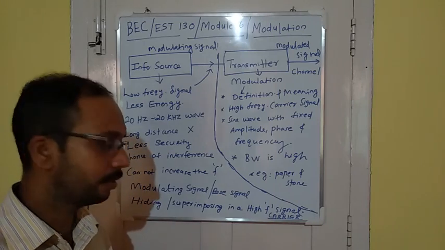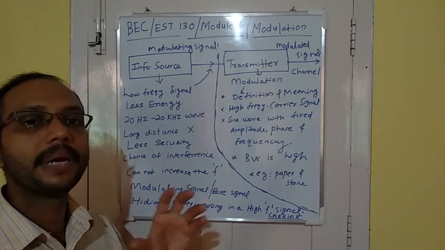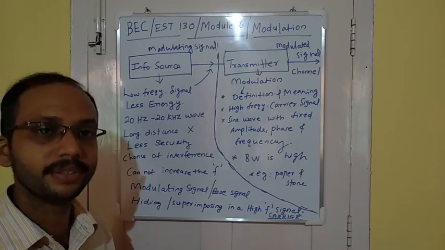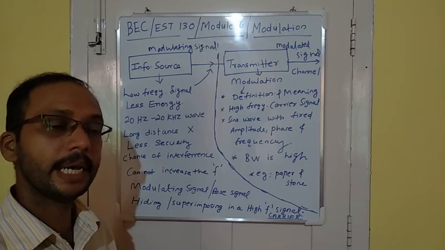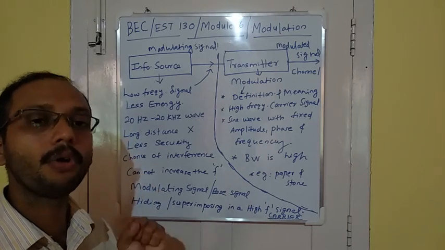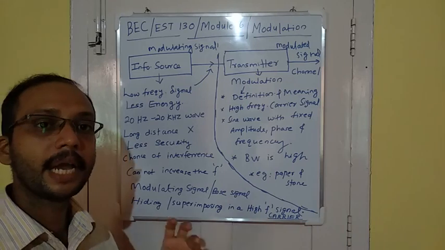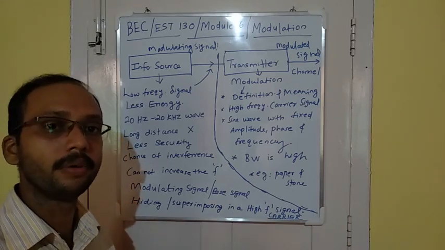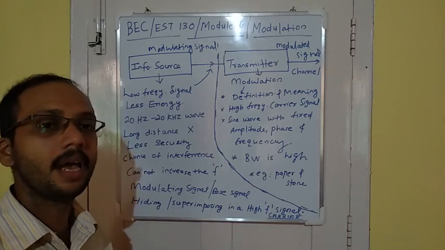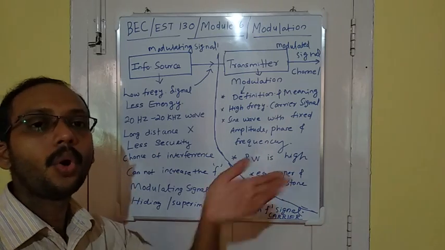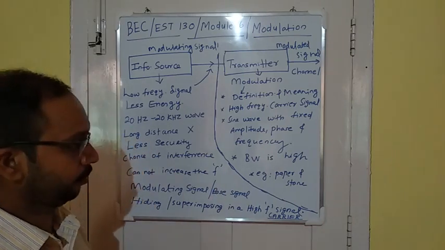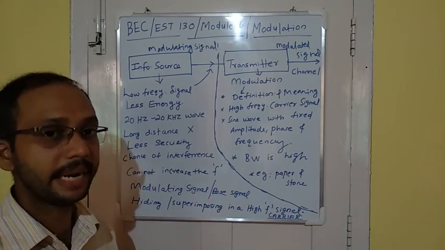Here the stone is the carrier signal, and paper is the low frequency signal. Or we can say that paper is the information or low frequency signal and I am wrapping it with a stone. The stone is the carrier signal to throw it over a longer distance. So we can use a simple example like that.